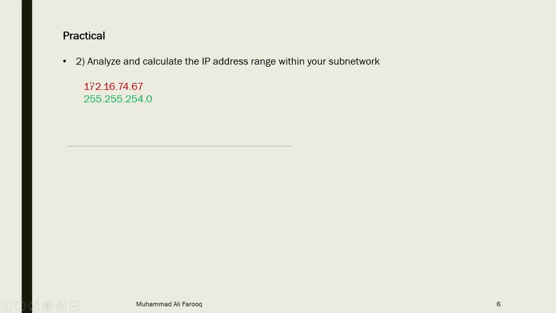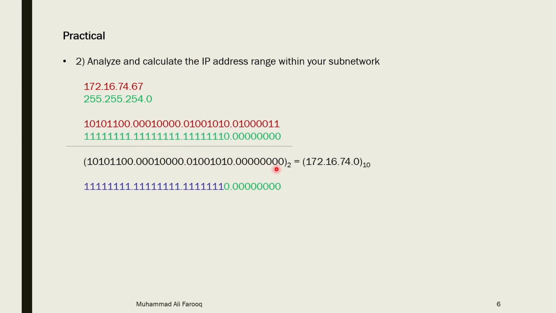This is the IP address which my host machine has, and this is the subnet mask. I want to calculate the network address first of all. So I will convert both of these into binary, and then take the AND operation of these two, and I will get the network address. Once I get the network address, I will convert it into binary, and this zero portion I will make all ones.